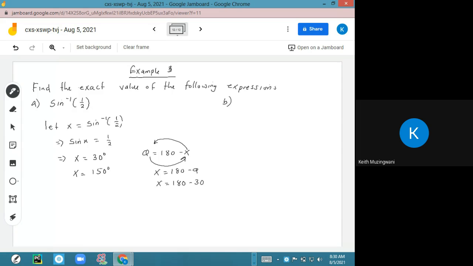Okay, so look at this one: tan inverse of tan 2 pi over 3.